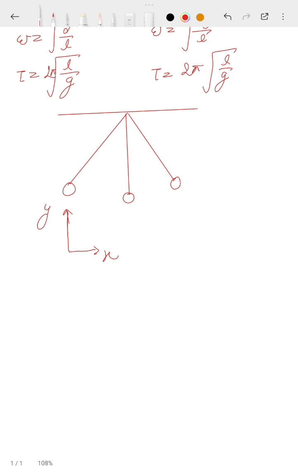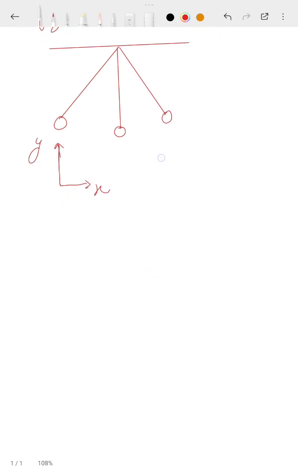Gravity is a function of x, so we can make gravity as a function of x. For the simple case, we can imagine gravity is varying linearly. Okay, we can make it a plus bx. So gravity a we can take as 10, and b we can take as 2x.